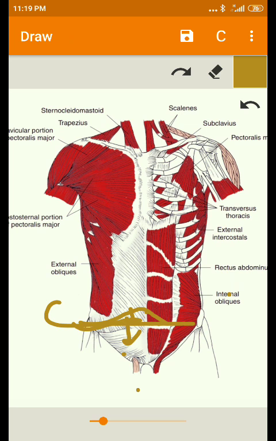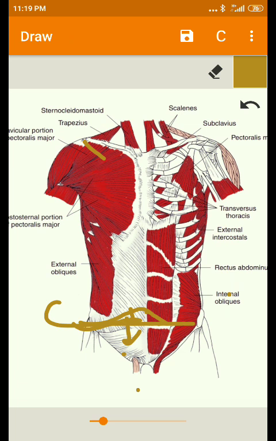And what are the muscles which help in expiration? The expiratory muscles here are the clavicular portion of the pectoralis major below the level of the clavicle, and also the abdominal muscles, and the next muscle is the transverse thoracic muscle, which works along with the abdominals.